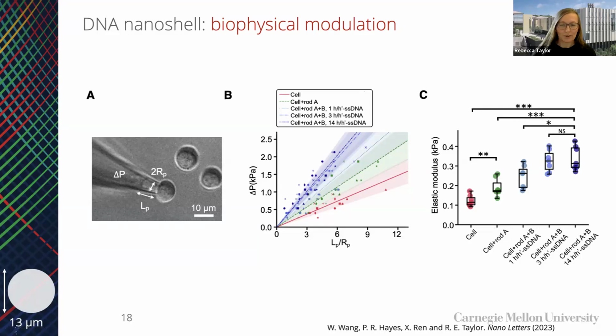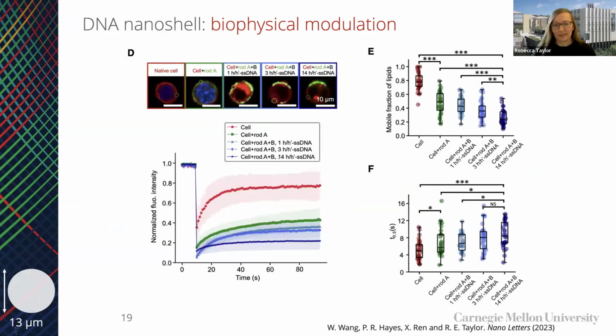We can more than triple their mechanical stiffness. And there are other things. In terms of membrane fluidity, you can see a reduction in mobile fraction, and you can see an increase in this time constant, right? So we're actually changing how the lipids are moving around on the membrane, constraining them with this shell.